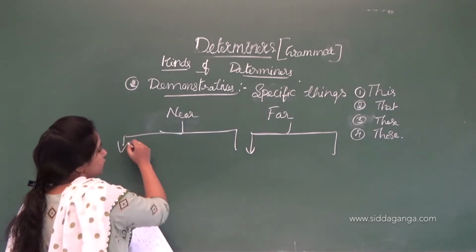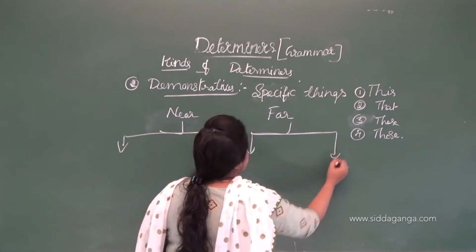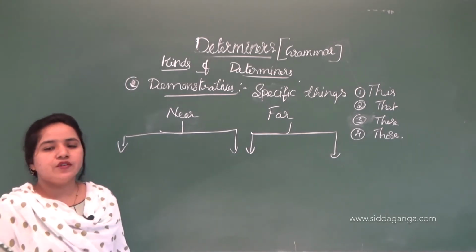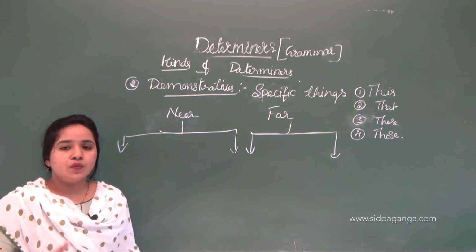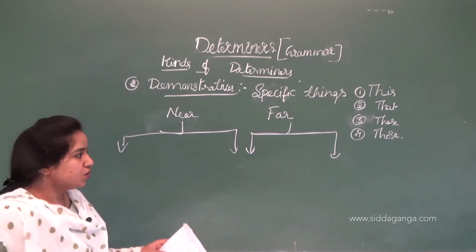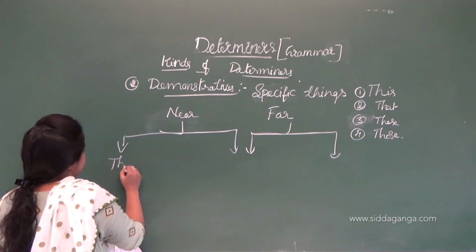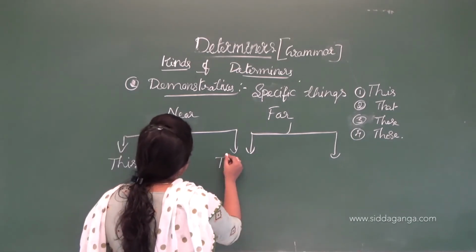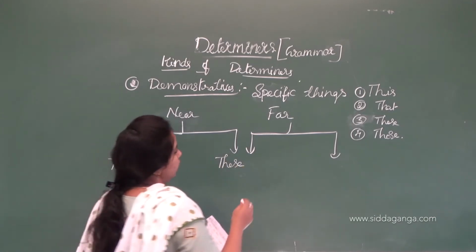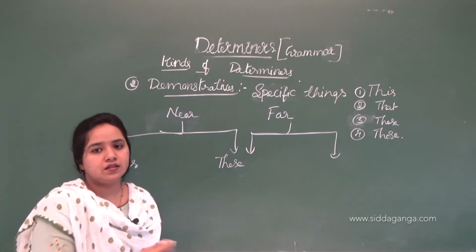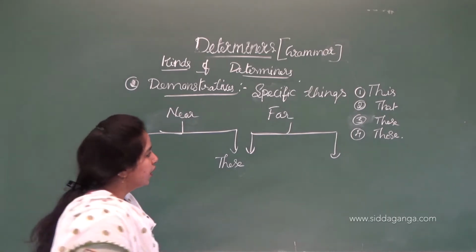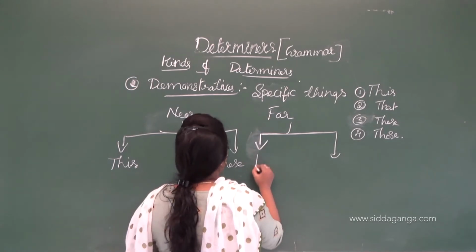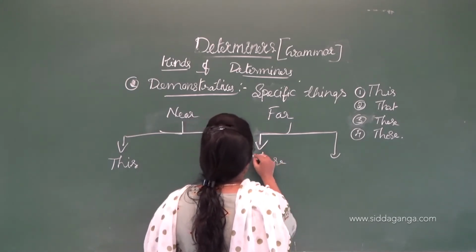So how are we using these demonstratives? For the position of a thing which is near, the place which is near to us, there we are using this and these. And when it comes to the things which are far from us, there we are using the demonstratives that and those.